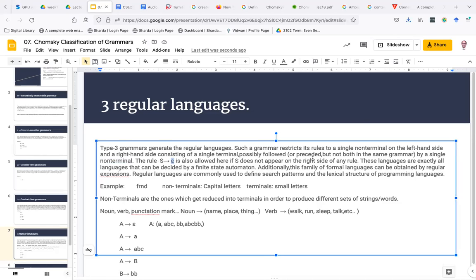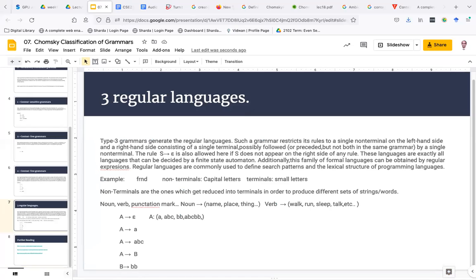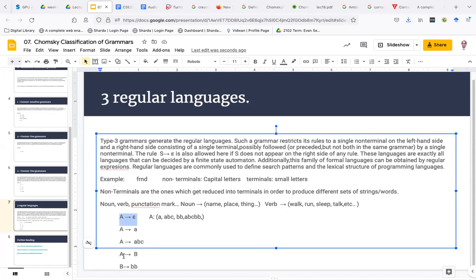You have to keep this in mind. For example, in this example we were looking at this thing. A is epsilon, A is also ABC, but B is BB, whereas B can also be on the right hand side. So in this case, B cannot be allowed to have this kind of a production.